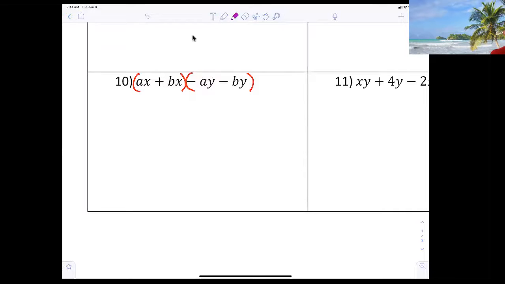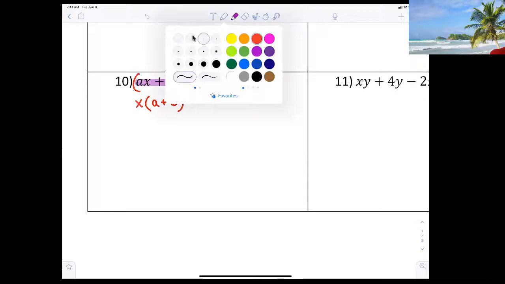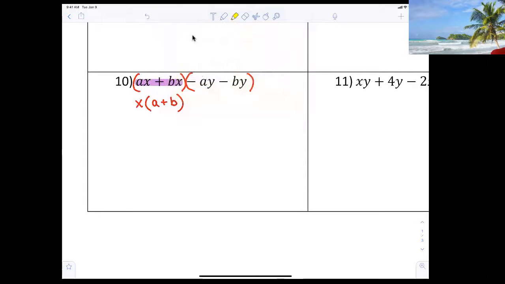So in this, what is common? X. So I write down X, and what was left behind? A plus B. Beautiful. Now, in the next one, I need you to pay attention.